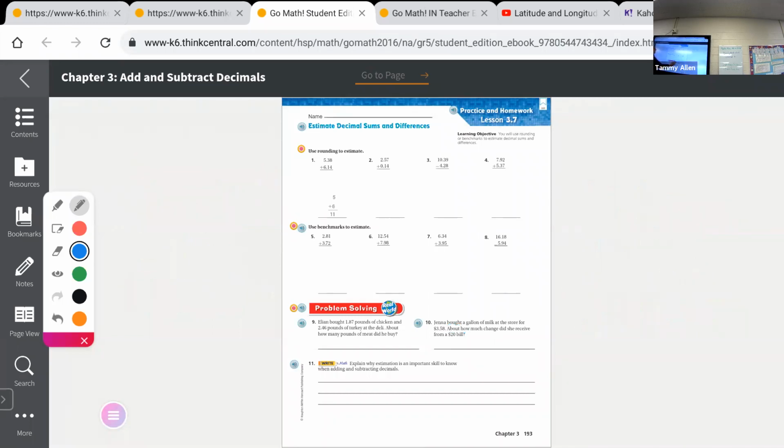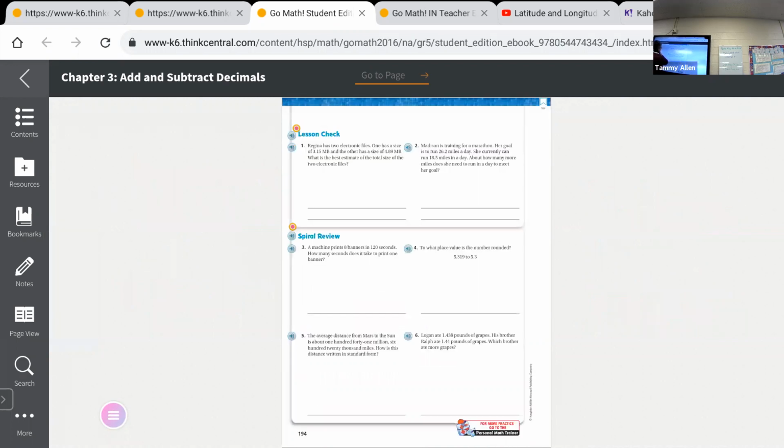Next page. All right, so we're looking for an estimate here as well. We have 2 electronic files. We want the best estimate of the total size of the 2 electronic files.